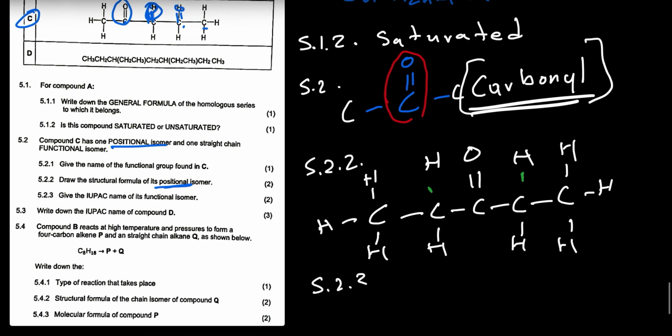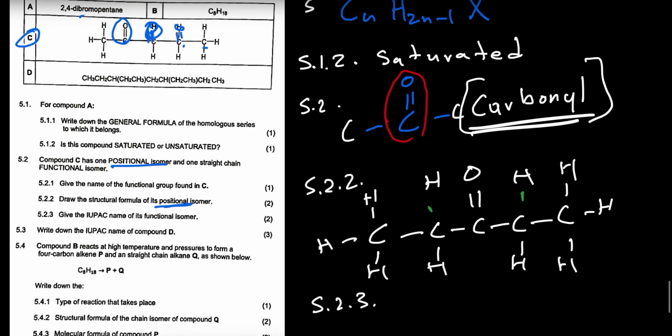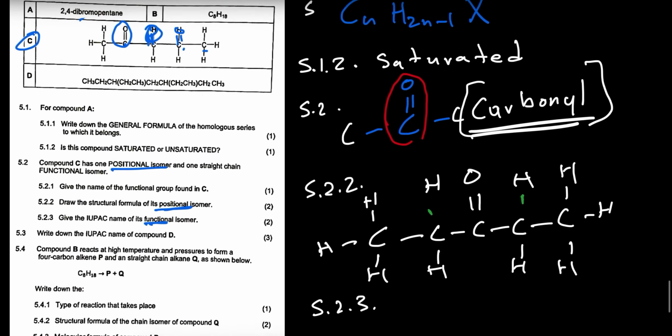So 5.2.3, they say we must give an IUPAC name of the functional isomer. Remember, when you talk about the functional isomer, this was a ketone, so the functional isomer should be an aldehyde. And now that means on the functional isomer, this is going to be on the first carbon.